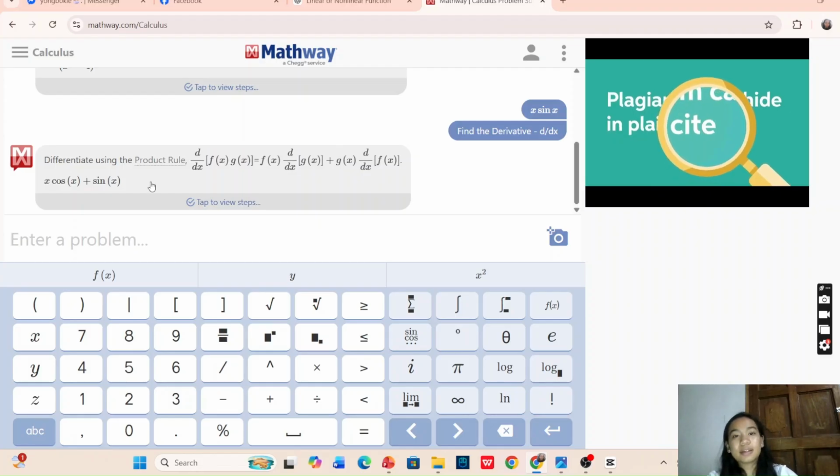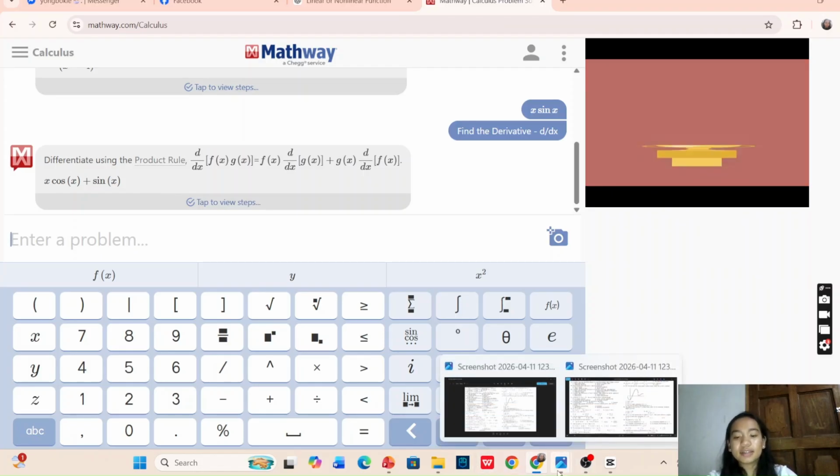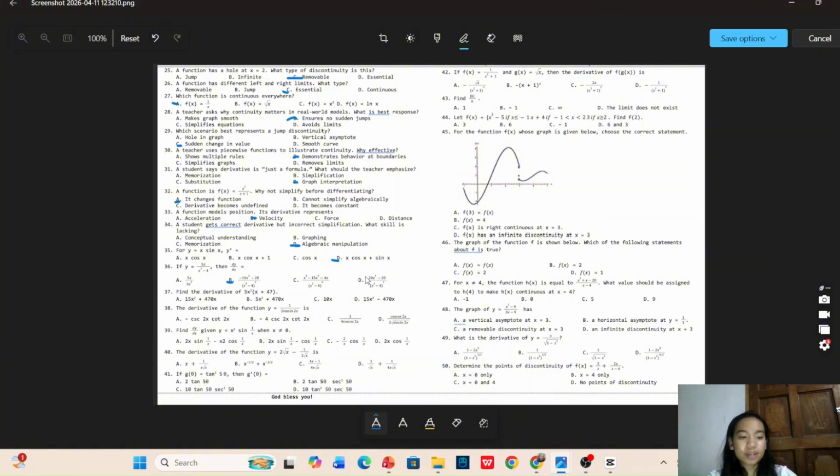So sine x times 1 is simply sine x. Therefore, our answer is x cos x plus sine x. And the correct answer for number 35 is letter D.